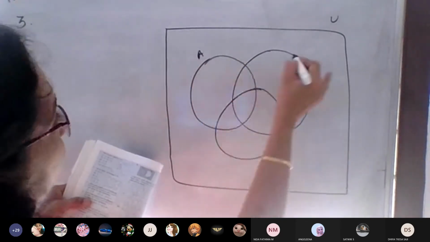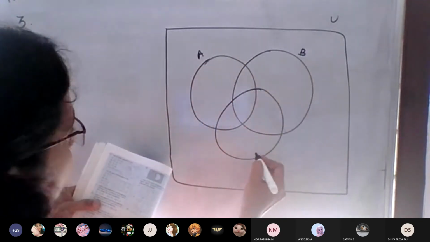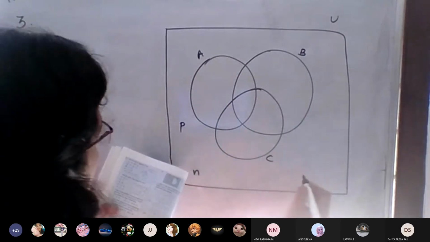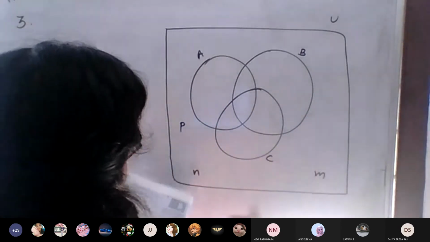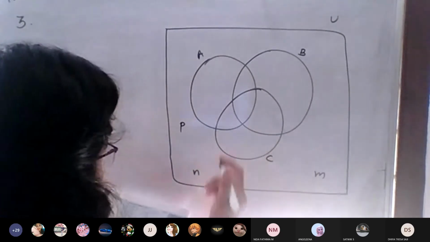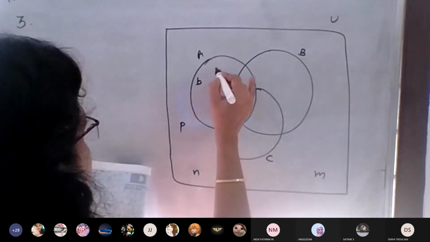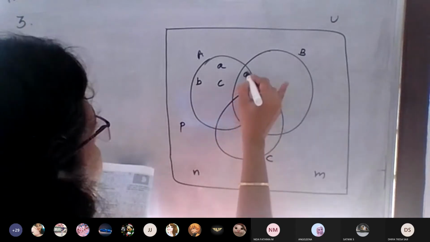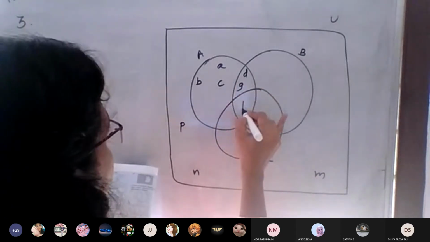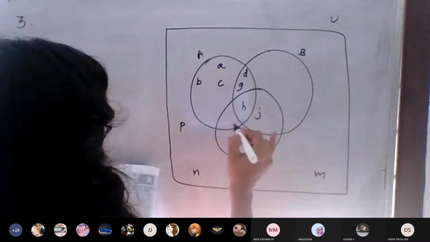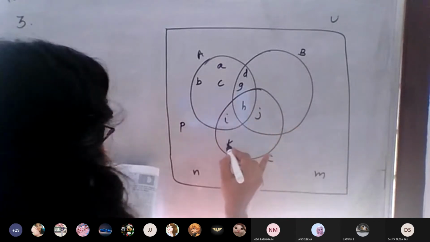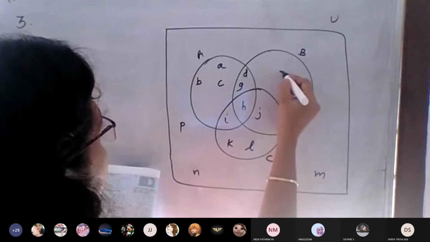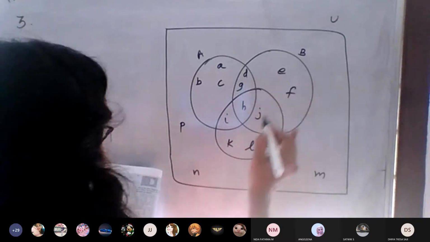Here A, B, the set C. Outside P, N, M. Then here B, A, C, D, G. Here H, here J, here I, K, L, here E, F.